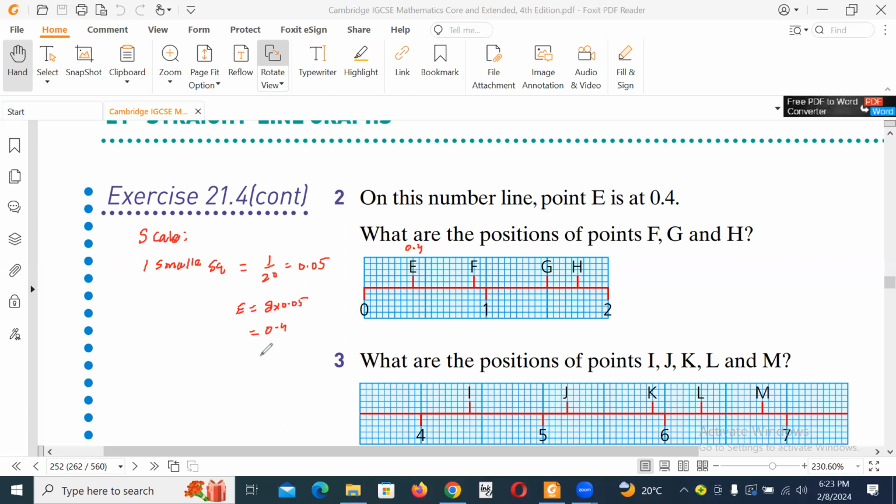If you check another point, 2 boxes equal 0.1. Remember this.